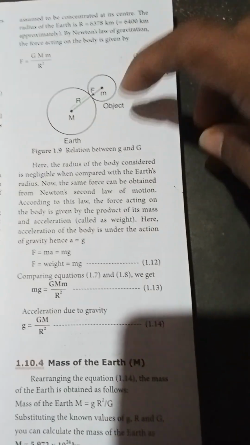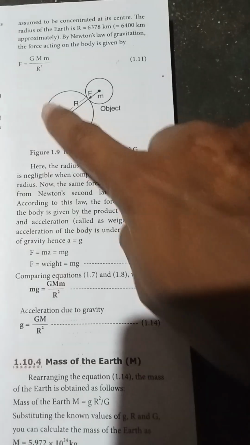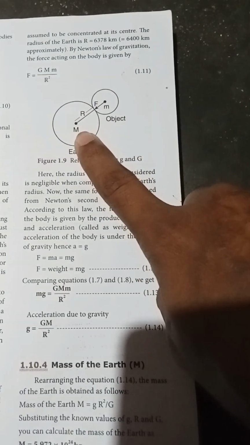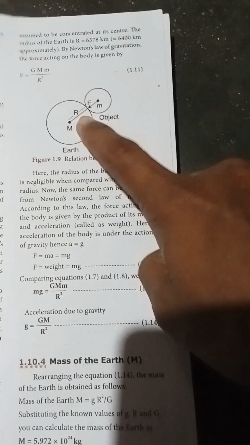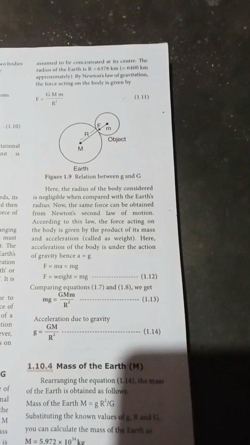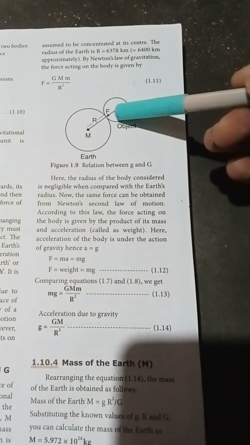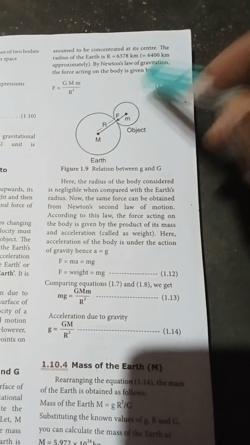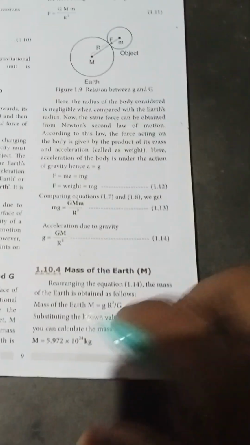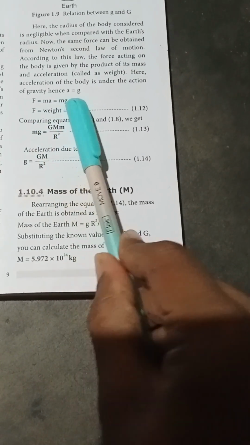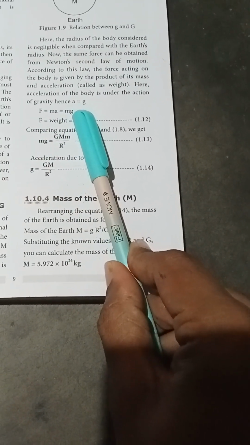Consider this is the earth. Capital M represents the mass of the earth, and R is the radius of the earth. And consider an object of mass m, which exhibits some force F. We know Newton's second law of motion, F equals ma, mass into acceleration. Then acceleration due to gravity, we write here a equals g.